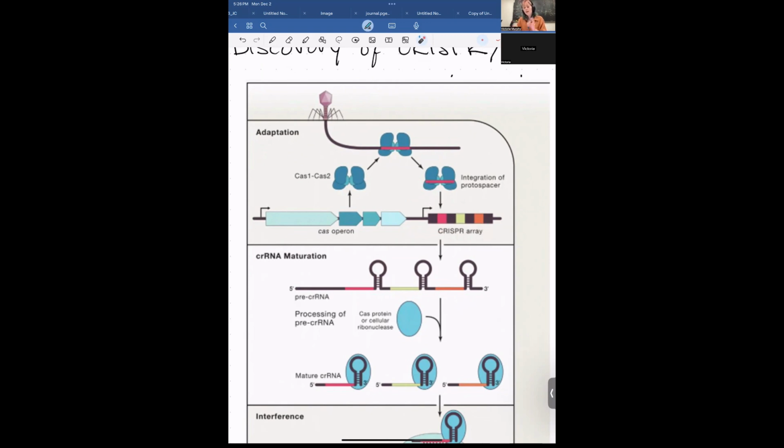And between them are these spacer regions, they call. So that's where CRISPR gets its name, clustered regularly interspersed short palindromic repeats, because that is what the CRISPR array in bacteria looks like. So it's this sequence oddity in bacteria, and scientists wanted to know what is its function.